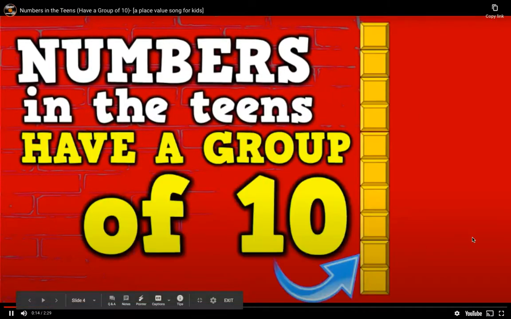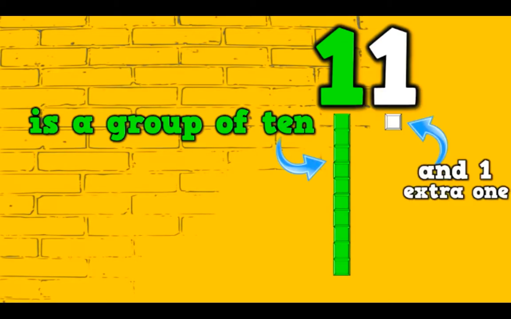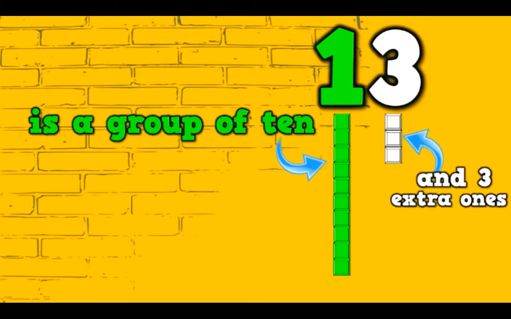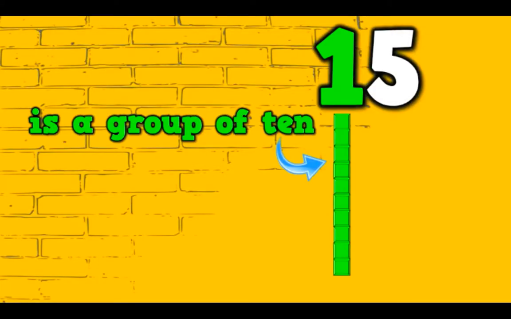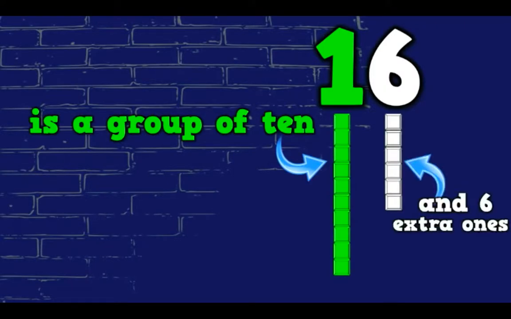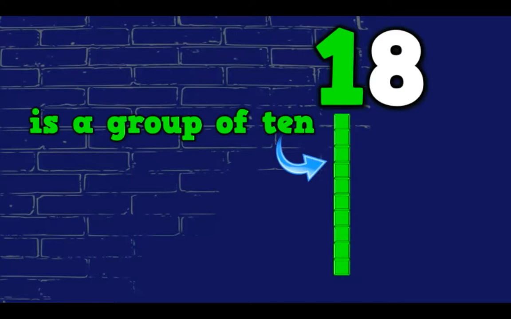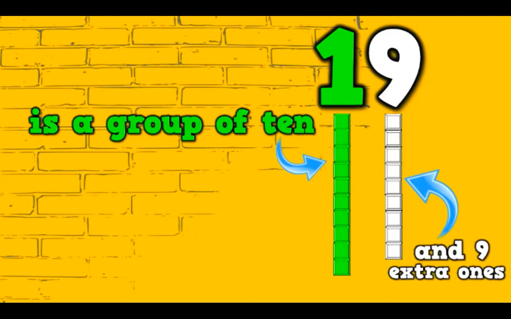Numbers in the teens have a group of 10. 10 is a group of 10 and 0 extra ones. 11 is a group of 10 and 1 extra one. 12 is a group of 10 and 2 extra ones. 13 is a group of 10 and 3 extra ones. 14 is a group of 10 and 4 extra ones. 15 is a group of 10 and 5 extra ones. 16 is a group of 10 and 6 extra ones. 17 is a group of 10 and 7 extra ones. 18 is a group of 10 and 8 extra ones. 19 is a group of 10 and 9 extra ones.